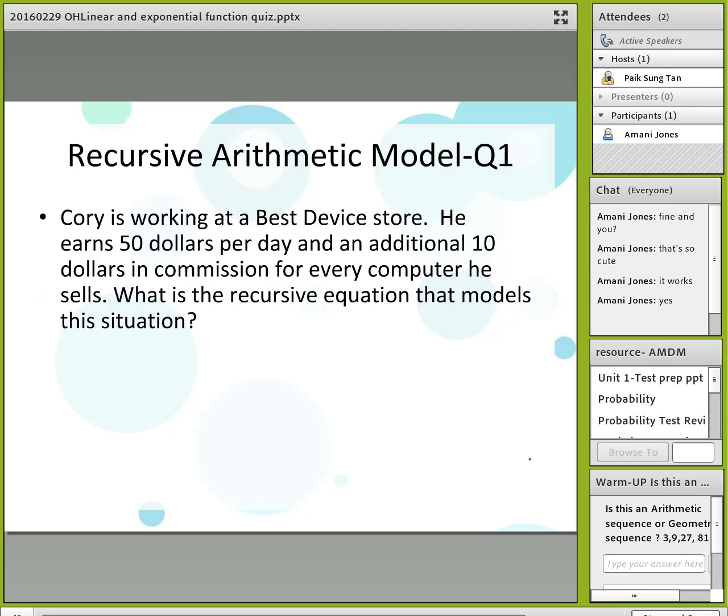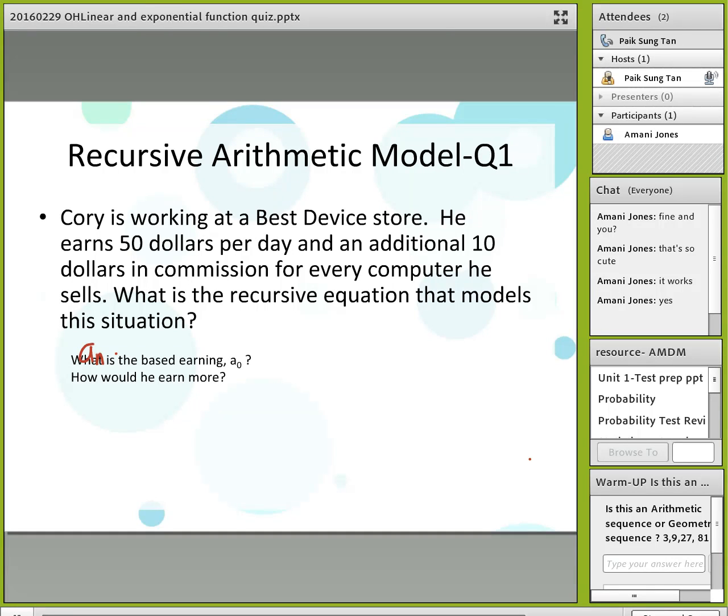So let's see how well I can write on this today. We start with a_n. This is the current term. The current term requires the previous term to calculate the next term.